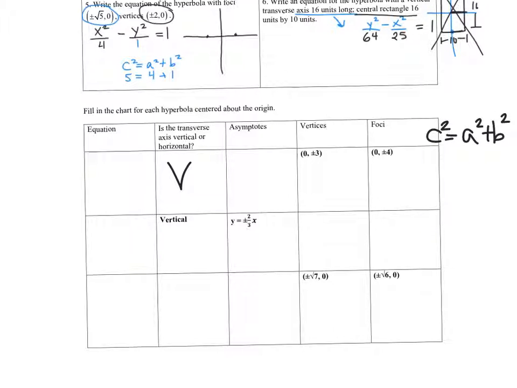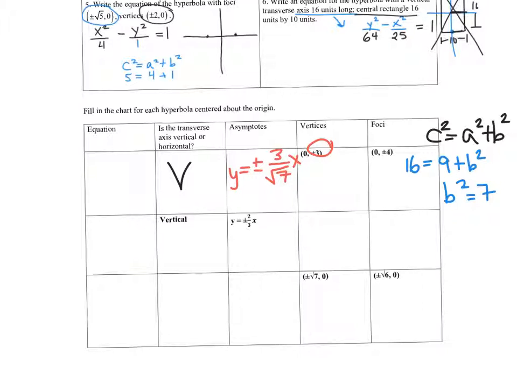In this case, I have 4 squared, which is 16, equals a squared, which is 9, plus b squared. So b squared has to be 7. That means my asymptotes have to be y equals plus or minus 3 over the square root of 7 times x. And you can rationalize that. I'm going to leave it like that for now.